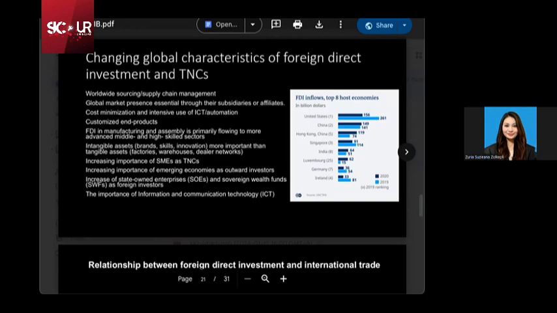But before that, I just wanted to share with you the rising FDI in Indonesia and Vietnam, for example. This started 10 years before. We can see that Indonesia and Vietnam have a lot of FDI inflows.